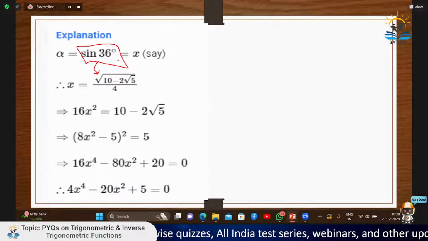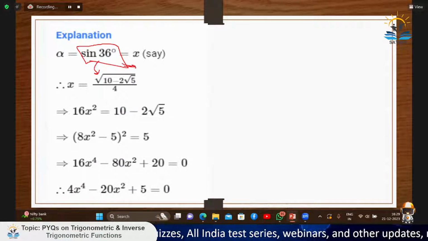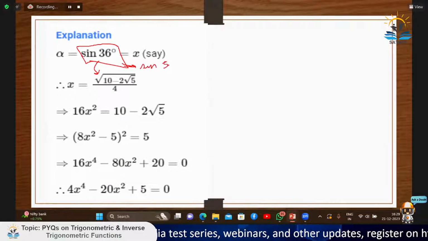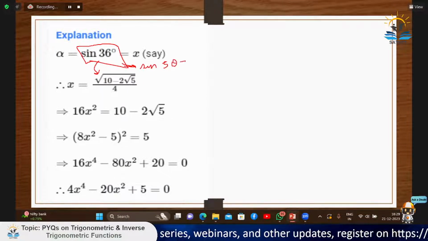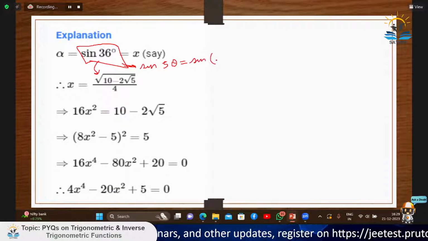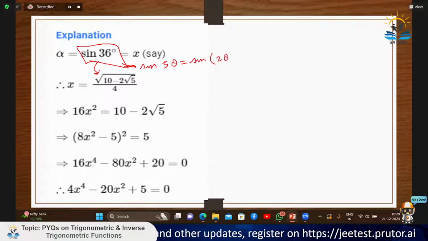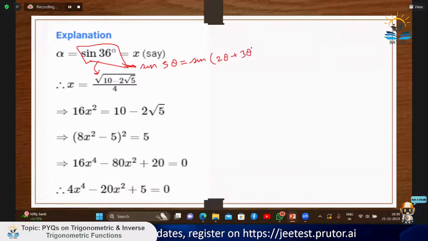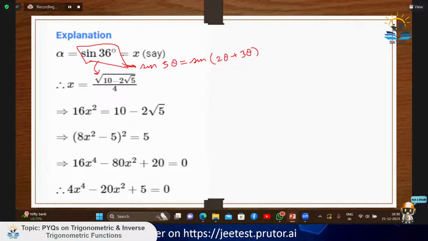And how you calculate this value? To calculate this value, you need to use the formula for sine 5 theta and then break this thing in sine of 2 theta plus 3 theta and then solve it further because 5 theta is nothing but how much? 36 into 5, 180 degrees.